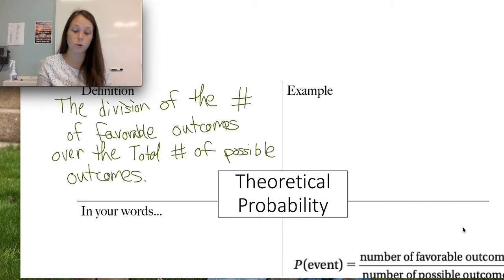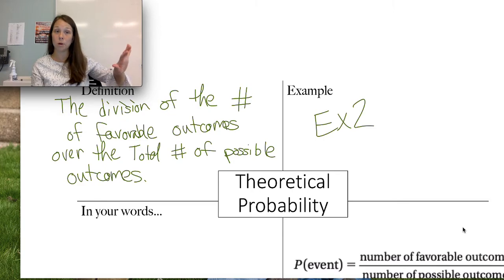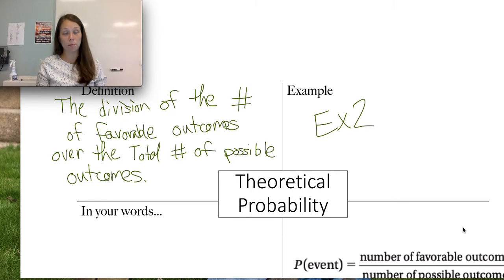You're going to see us go through an example of this when we do example 2 here in the notes. So theoretical probability is saying in theory what's going to happen. So experimental probability is based on something that has happened, an experiment we conducted and we took our results from a table. Theoretical probability is just saying in theory what should happen.